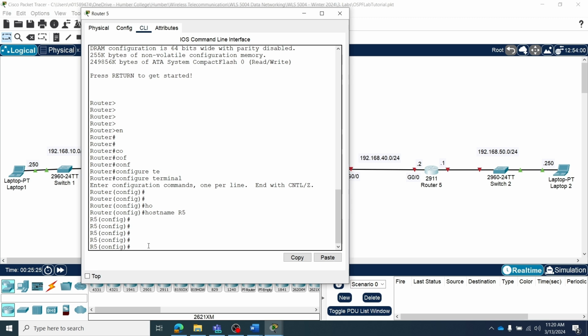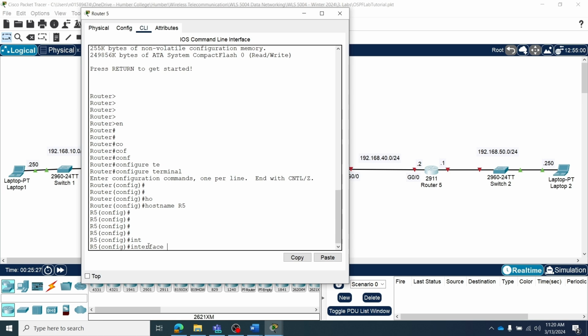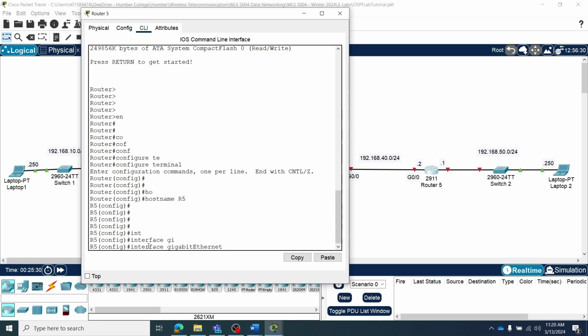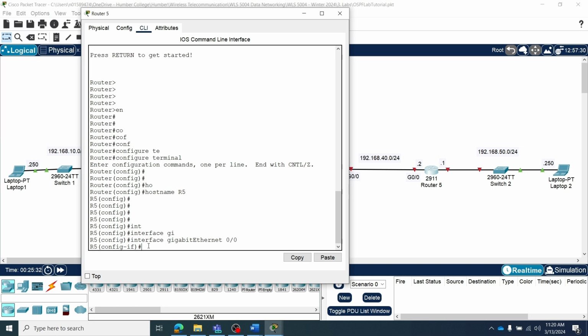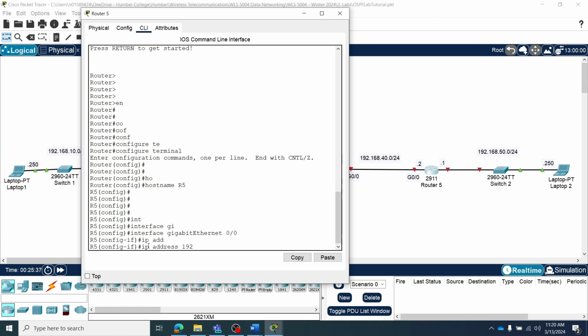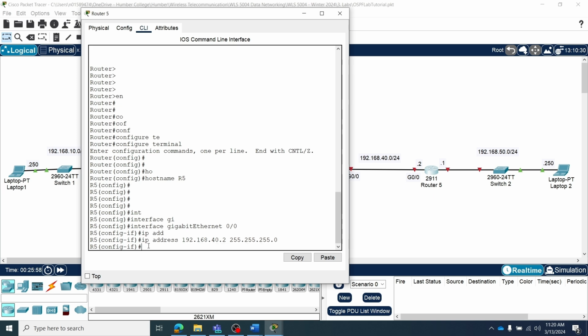So interface gigabit 0/0, IP address 192.168.40.2, 255.255.255.0. 255.255.255.0 is the subnet mask of this network. Then no shutdown.